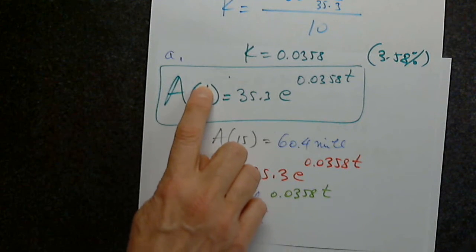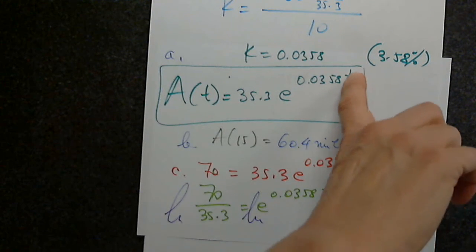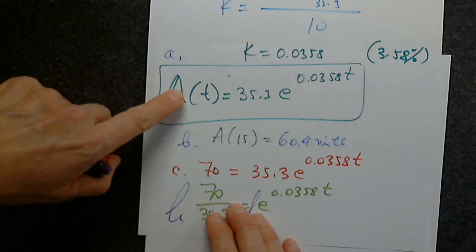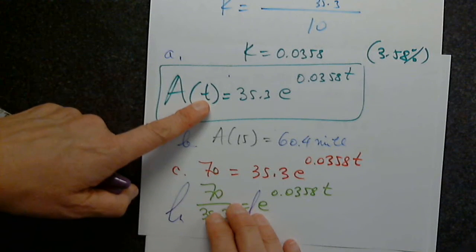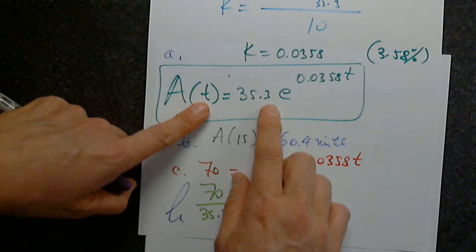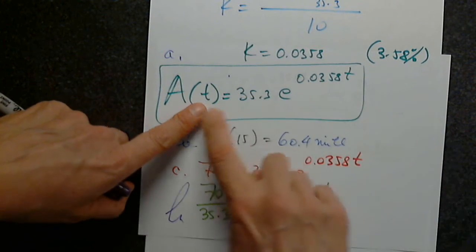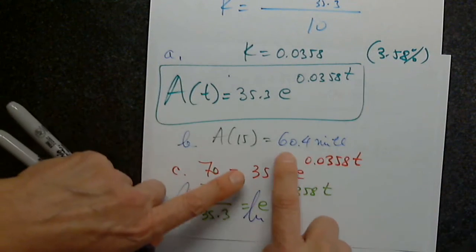If this is 15, this is 15. But what did we multiply? What was A? We are determining it. We don't have it. We are determining the number of people 15 years later: 35.3 times e raised to 0.0358 multiplied by 15, and we got this number.